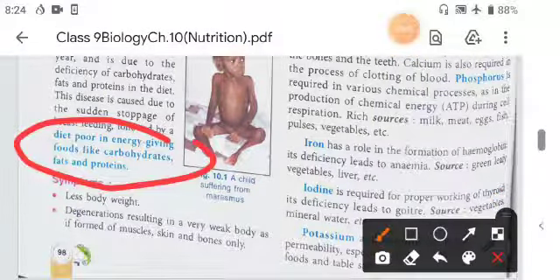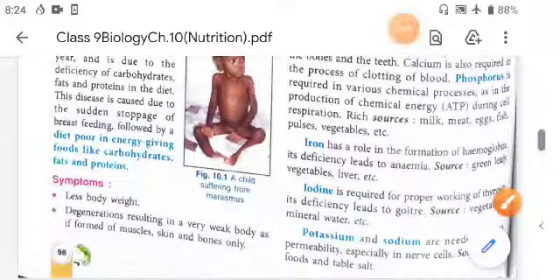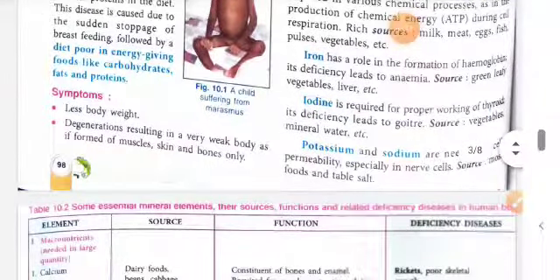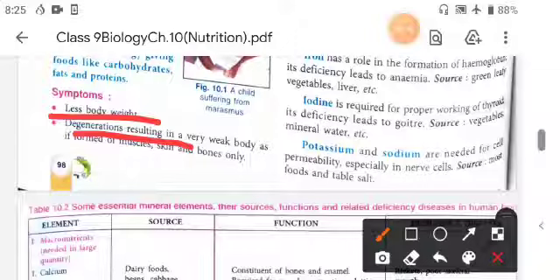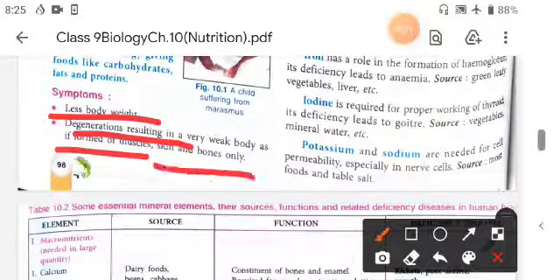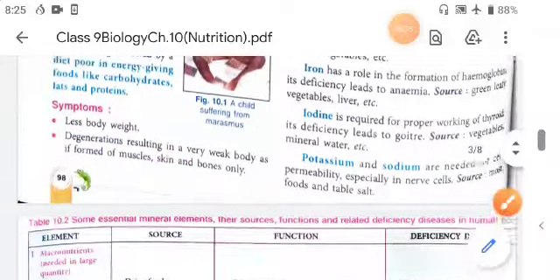So what are the symptoms of Marasmus? The symptoms of Marasmus are less body weight, muscle wasting resulting in a weak body as if formed of muscles, skin and bones only.